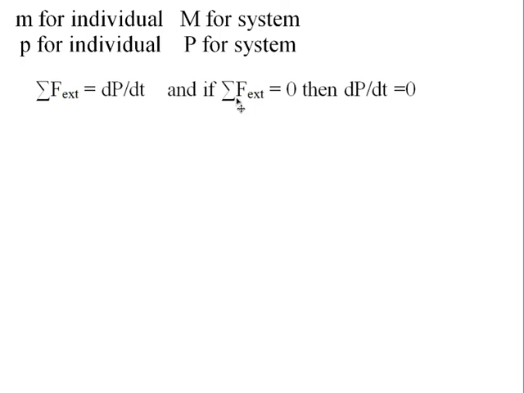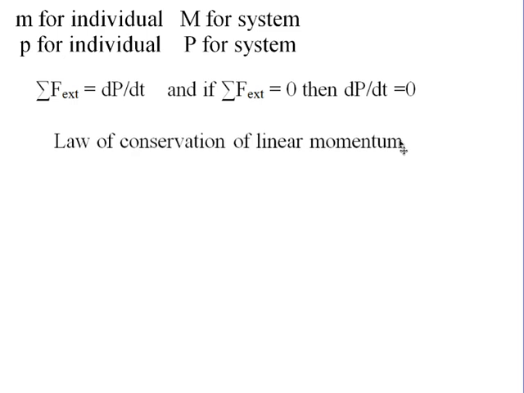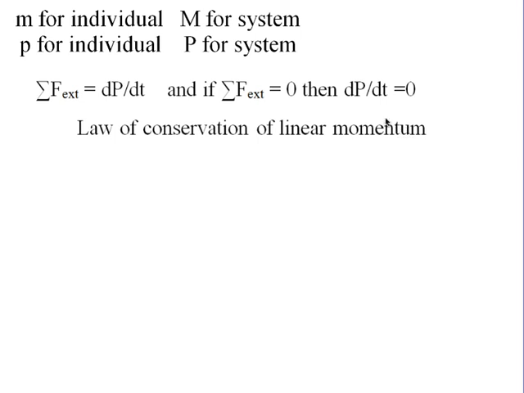Of course, if the net external force is zero, then the rate of change in the momentum of the system is zero. But if the rate of change in the momentum of the system is zero, then the momentum of the system is not zero, but it is constant. This is called conservation of linear momentum. If there is no external force, then the momentum will not change. It will be conserved.